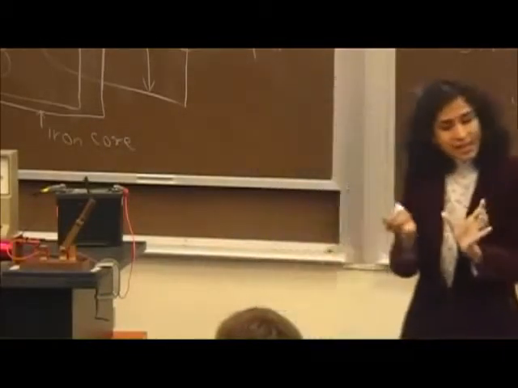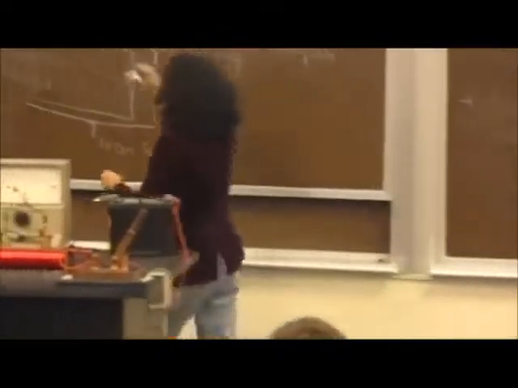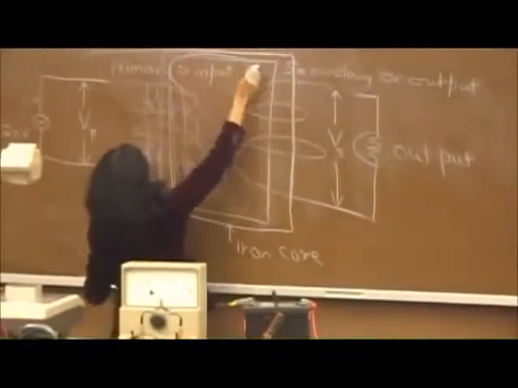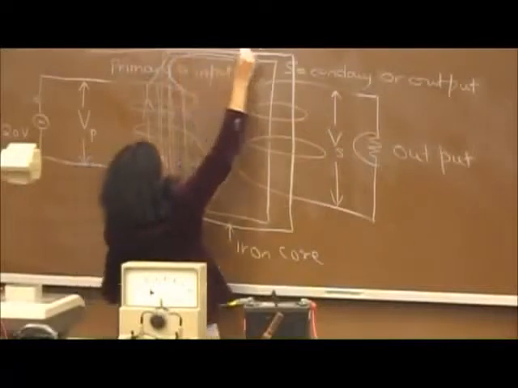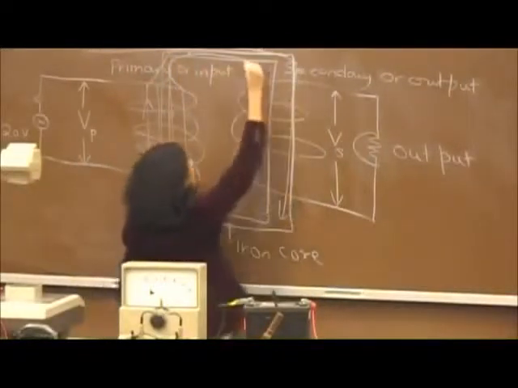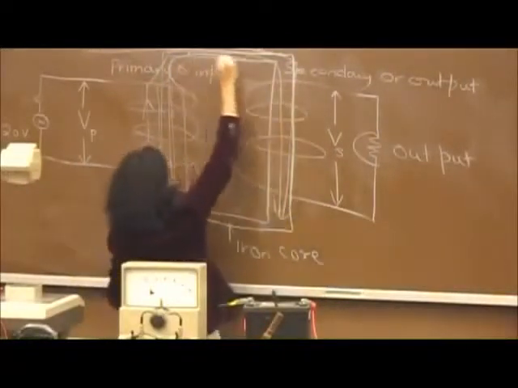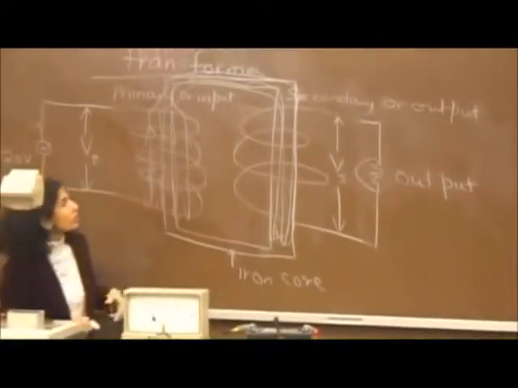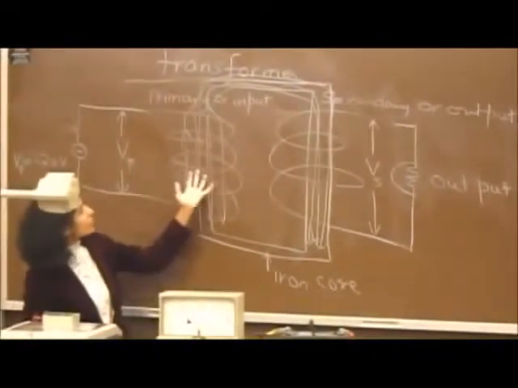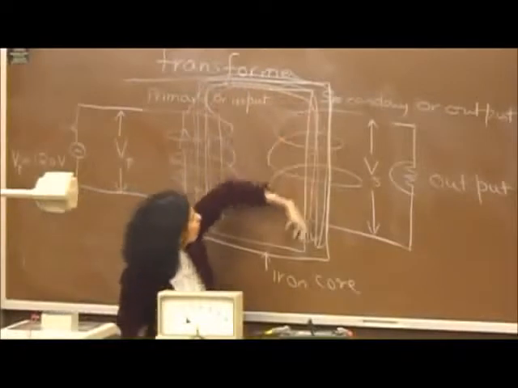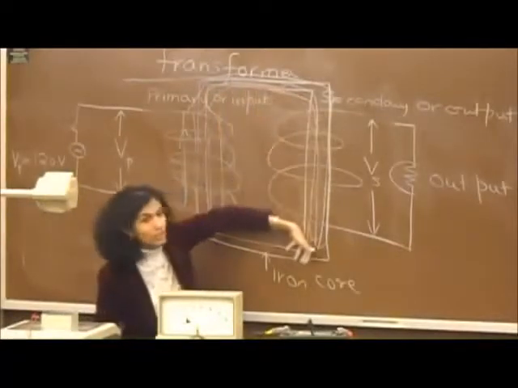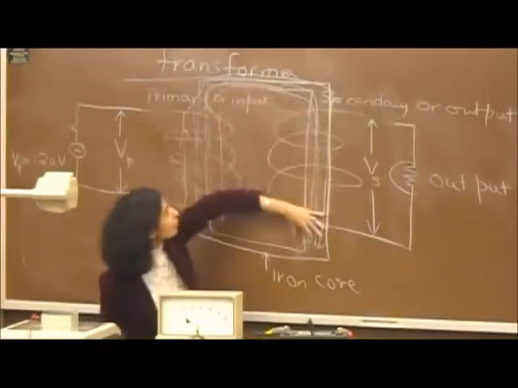So we can channel the magnetic field lines through this iron core into the secondary coil. Our assumption is that as the magnetic flux through the primary is changing, all these magnetic field lines are also going through the secondary as channeled by the iron core.